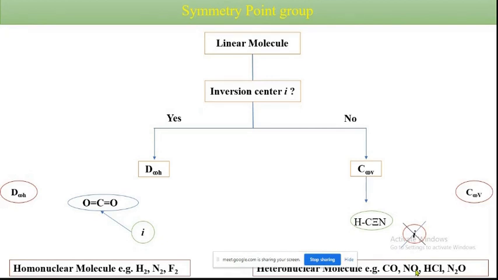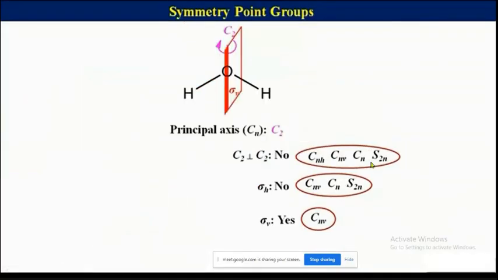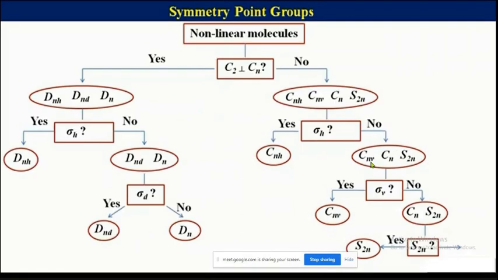Now suppose the molecule is non-linear. Then you have to see whether it has a C2 axis, C3, C4, and so on. If a C2 axis is perpendicular to the rest of the axes of rotation, then the probable point groups will be Dnh, Dnd, and Dn.